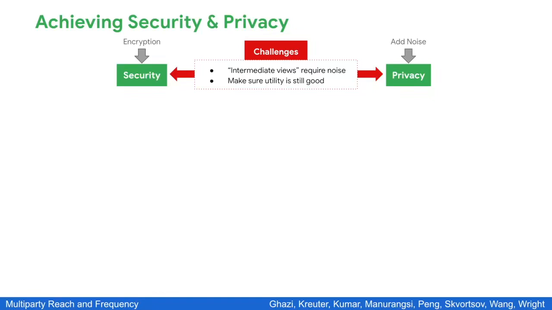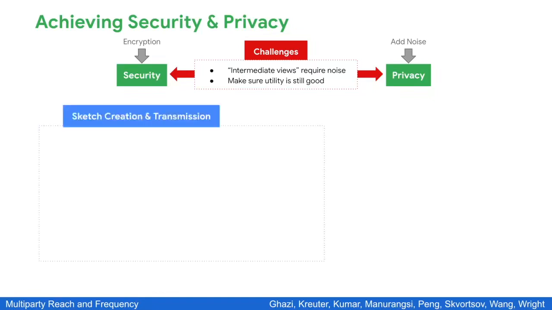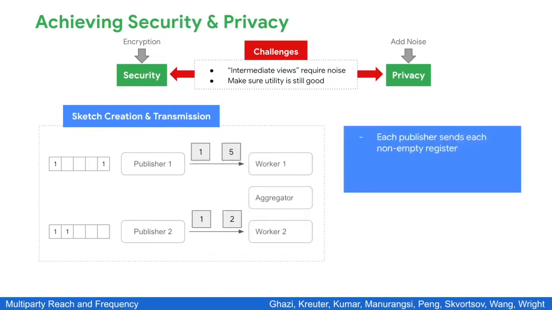With that in mind, let us start by describing roughly the sketch creation and transmission phase. Recall again that each publisher i can construct their own liquid region sketch, and they will send these sketches to the worker. Instead of sending them as a bit vector, they will send them as indices of the non-empty registers.